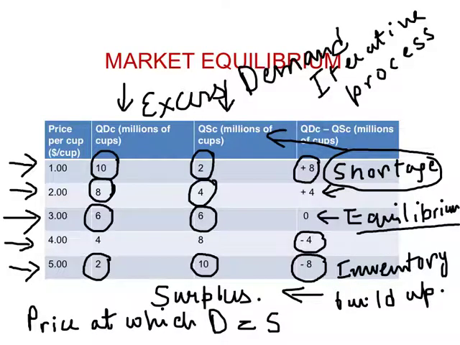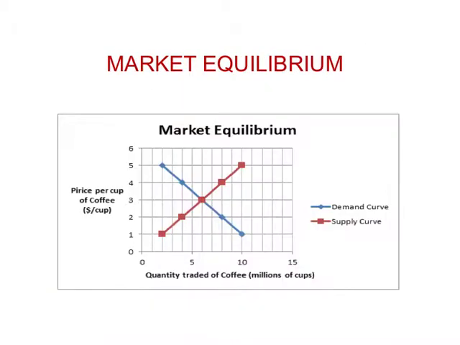Another term for this inventory buildup is excess supply. I'll just write S. So we should know what is equilibrium and what is a shortage and what is an inventory buildup. Shortage takes place when the price is lower than equilibrium. Inventory buildup takes place when prices are higher than equilibrium.